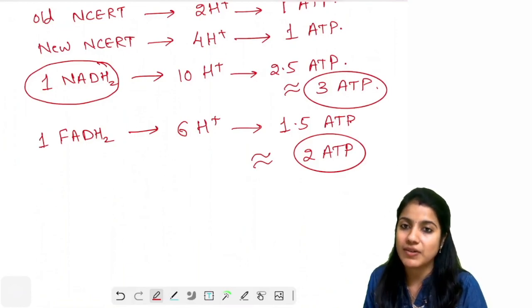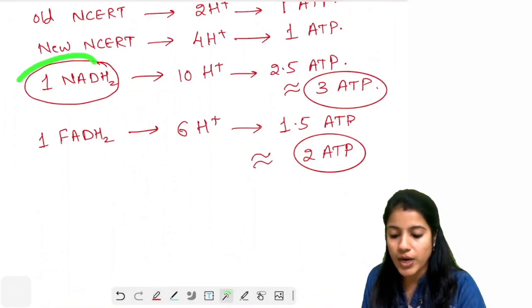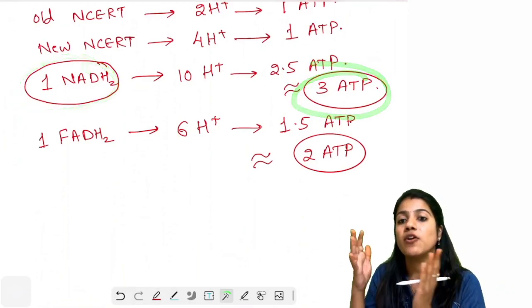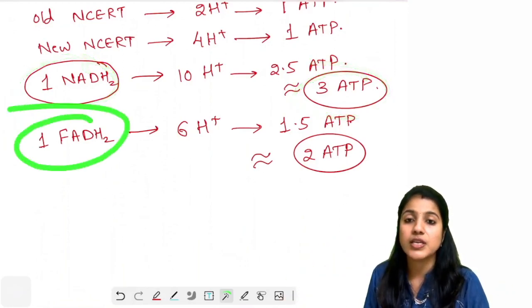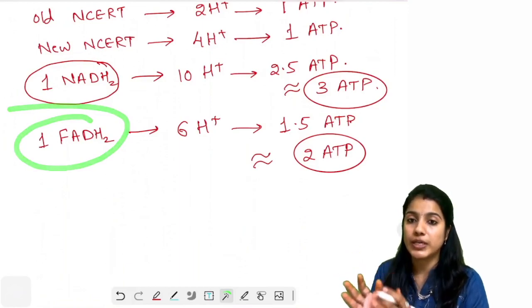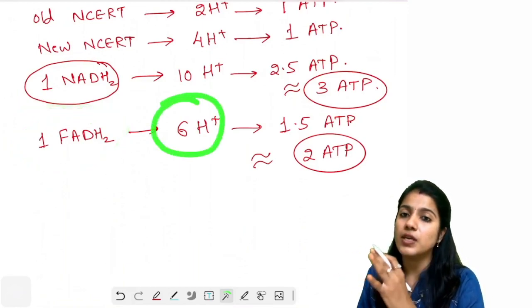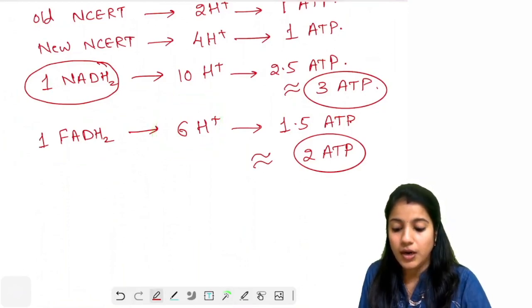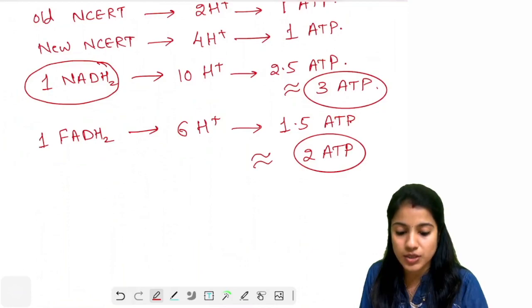Based on that, we have taken the approximation that 1 NADH2 results into formation of 3 ATP because of pumping of 10 protons. 1 FADH2 results into formation of 2 ATP because of pumping of 6 protons. That's all we have to remember. So, 1 NADH2 results into 3 ATP.